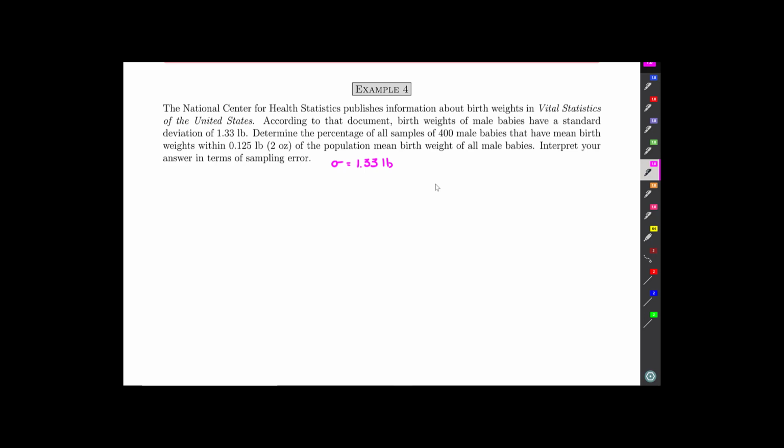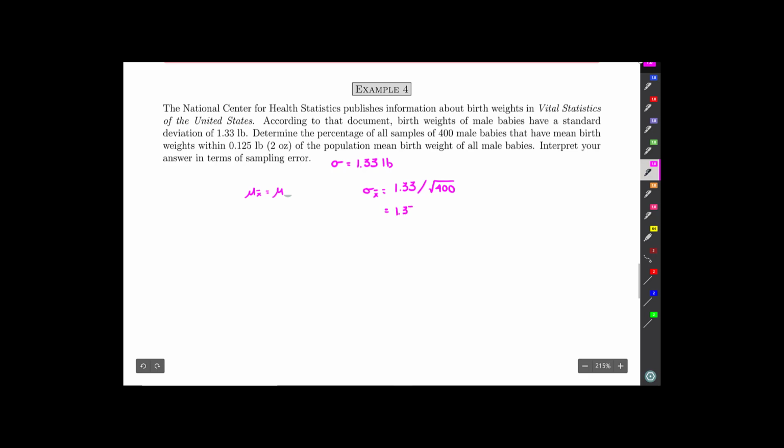Okay, so we need to first come up with the fact that we're not given the population mean, but we do know that mu sub X bar is equal to mu. So we can go from here and calculate our sigma sub X bar, which is going to be equal to 1.33 divided by the square root of 400, because that's our sample size.